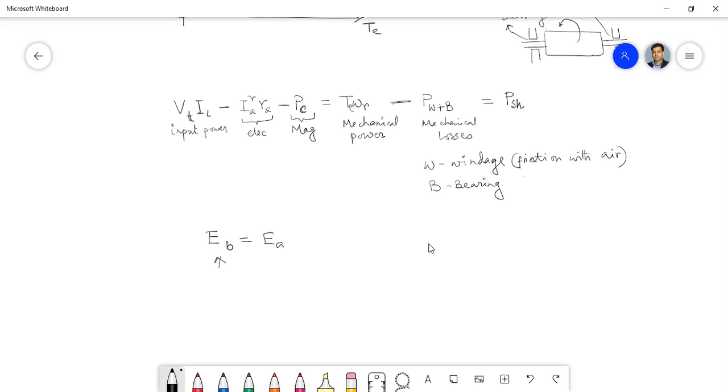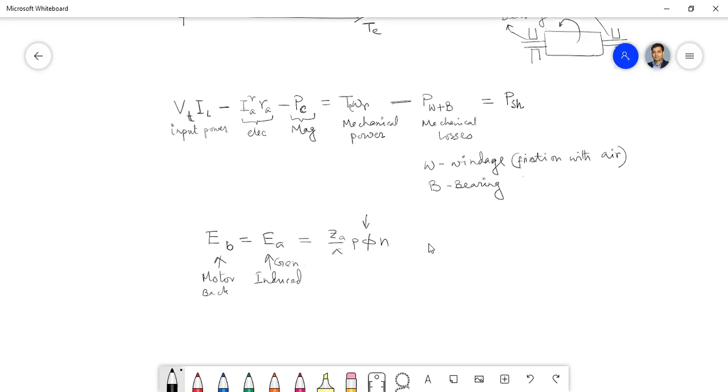EB is nothing but the EA. In a motor we call it back EMF, and in a generator the same thing we call induced EMF. Either way we can write ZP by A phi N. So what do we need?